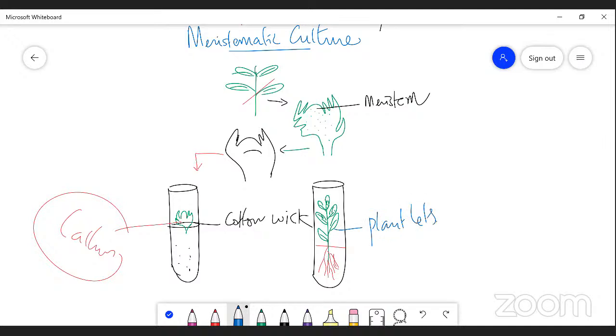The small plantlets are also exposed to the environmental condition in a stepwise manner, by the process called the hardening process. So finally, the plantlets are originated from the test tube, we can get the entire plant. So this technique is also known simply as meristematic culture.